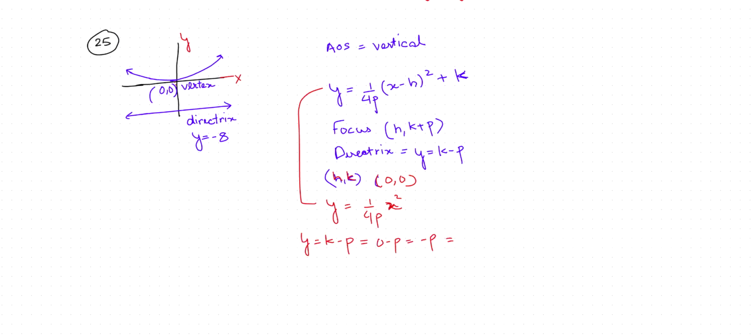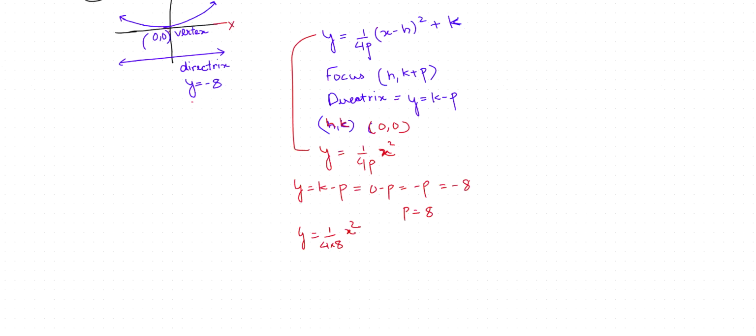So p comes out to be 8. So our equation becomes y equals 1 over 4 times 8 x squared. And so that is y equals 1 over 32 x squared.